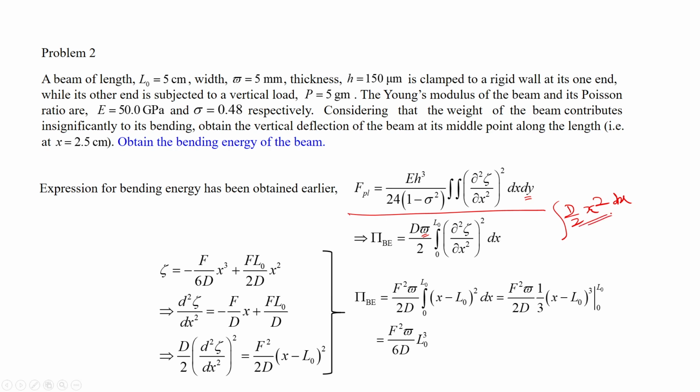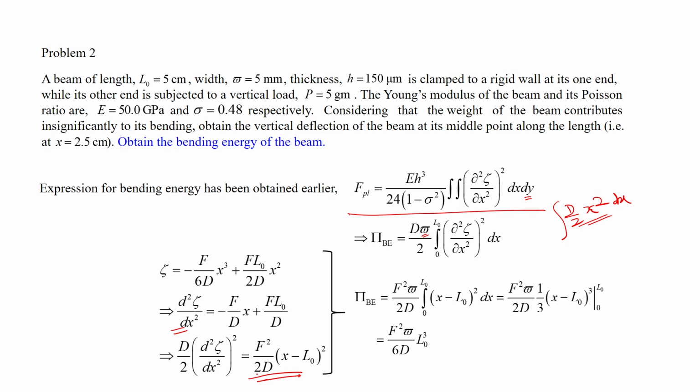So, del square z by del x square comes out to be this expression from here. Therefore, we substitute over here. So, this is F square by 2D, with del square z by del x square whole square, remember that.